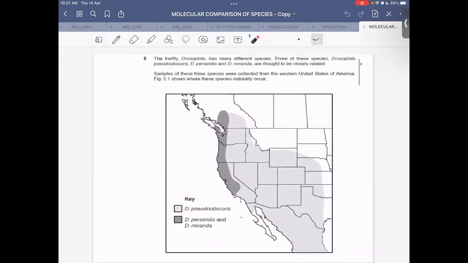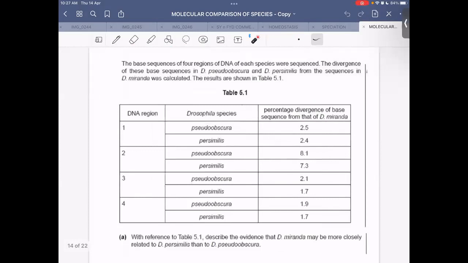and this species is occupying this entire part of the United States, right? Let's see. The base sequences of the 4 regions of the DNA of each species were sequenced. The divergence of these base sequences, which means the differences, in Drosophila pseudoobscura and Drosophila persimilis from the sequences in Drosophila miranda were calculated, right?